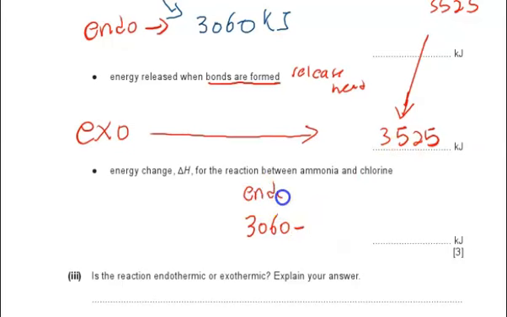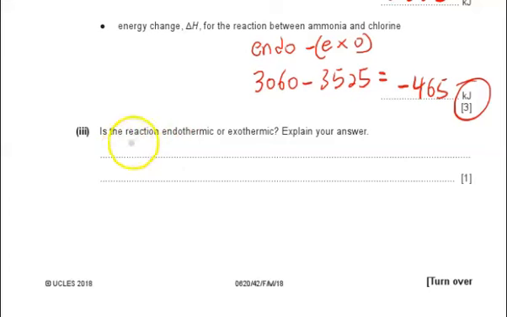When you have a minus here, it is exothermic, so heat is being released to the outside. You can explain that heat energy is being released. This is the 1 mark here.